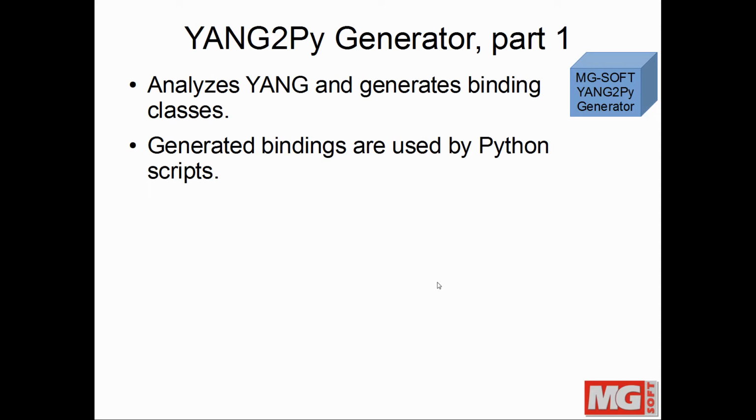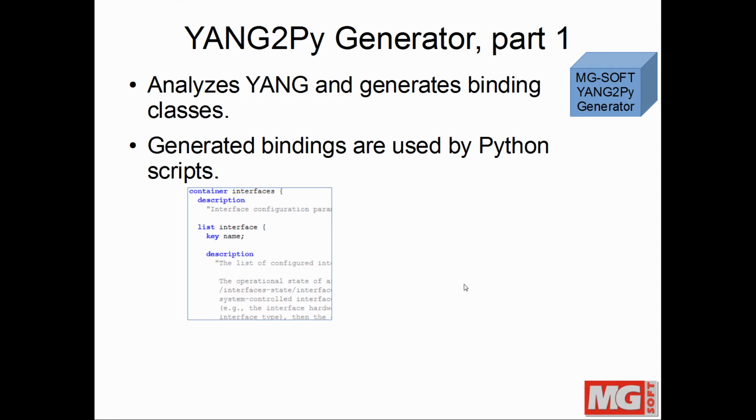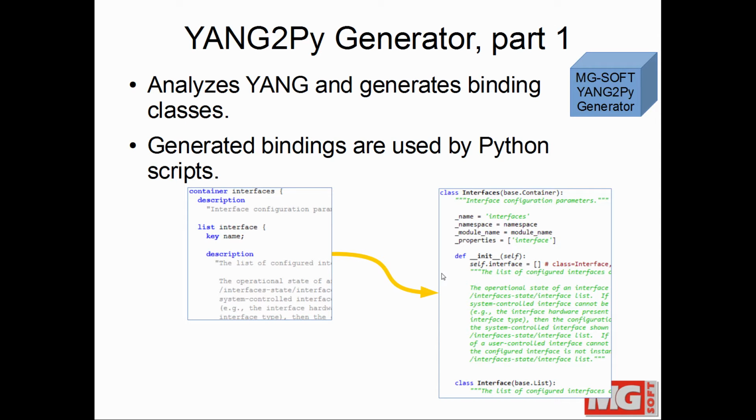YANG2PY Generator analyzes Yang and generates data binding classes for it. It attempts to generate readable code that reflects as much of the concepts used in Yang as possible. For example, a single Yang module is mapped into a single Python module.